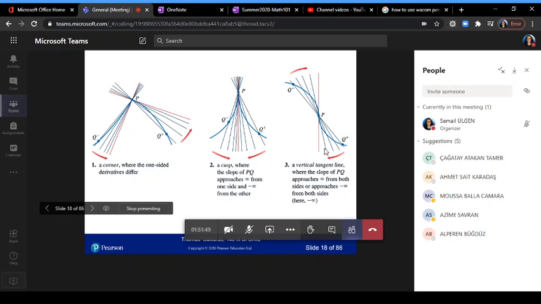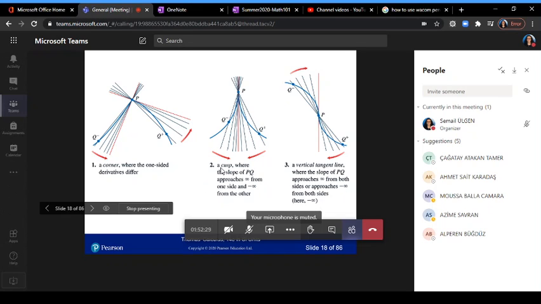These are approaching negative infinity. And look at this slope: negative, negative, negative, negative, and the slopes are getting to negative infinity as well. So a vertical tangent line occurs where the slope of PQ approaches plus infinity from both sides or approaches negative infinity from both sides.